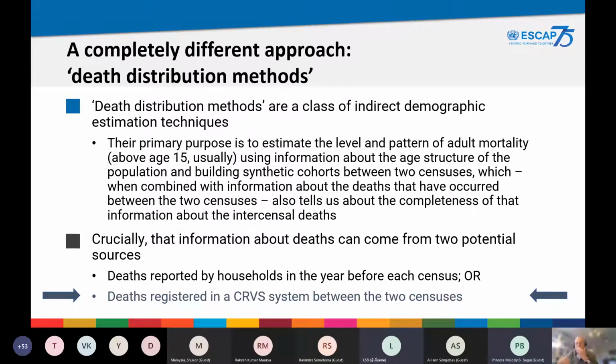And if we use that information with our synthetic cohorts, which we can say, well, if we've allowed for some migration, which we've estimated, and we have some estimates of the deaths registered in the CRVS system, we can effectively compare the deaths implied by the synthetic cohorts with the deaths from the CRVS system. And that will provide us with an estimate of the completeness, certainly of adult mortality registration in the CRVS.